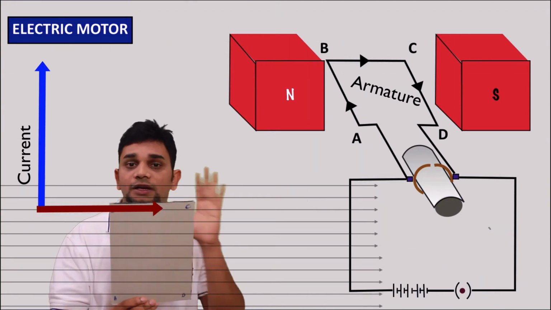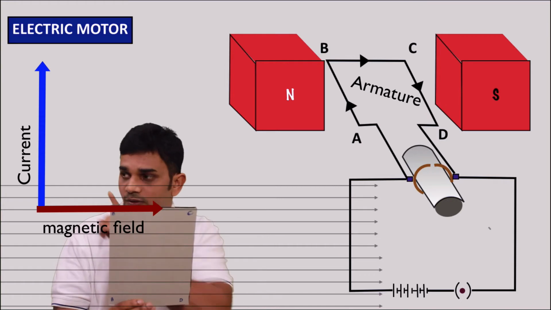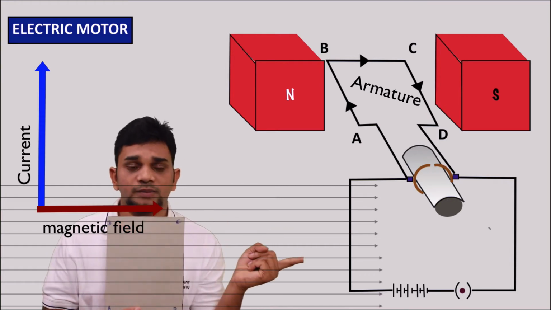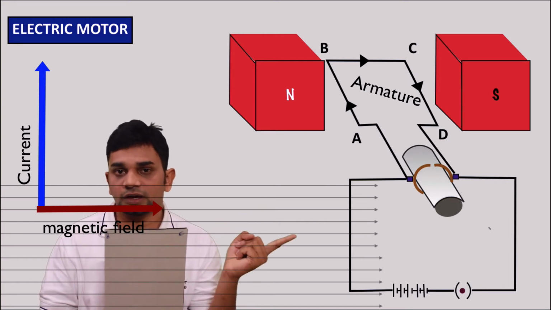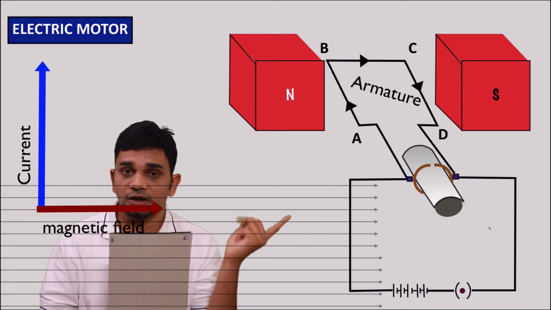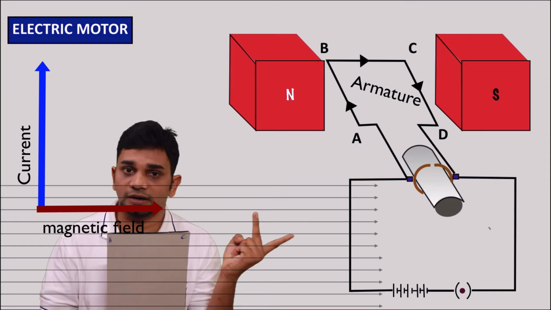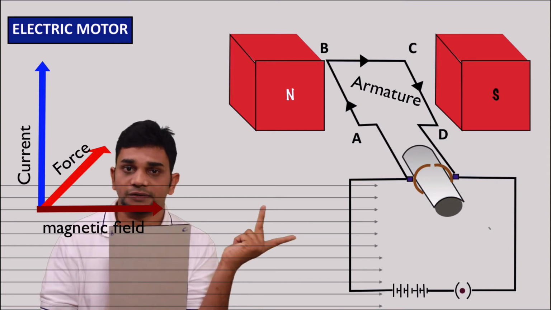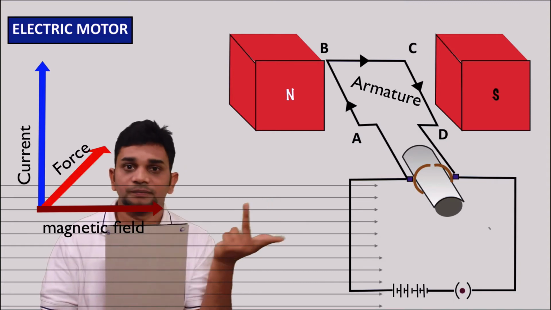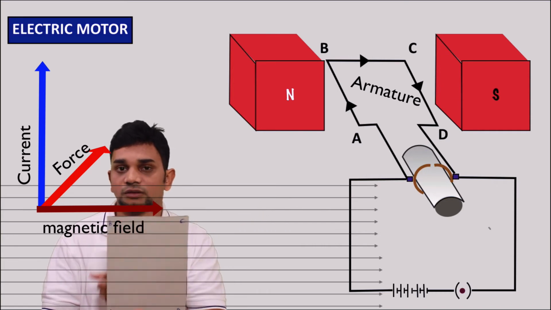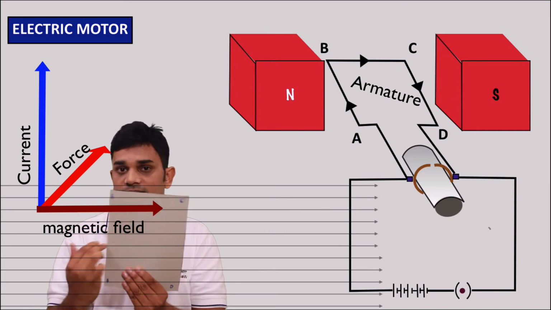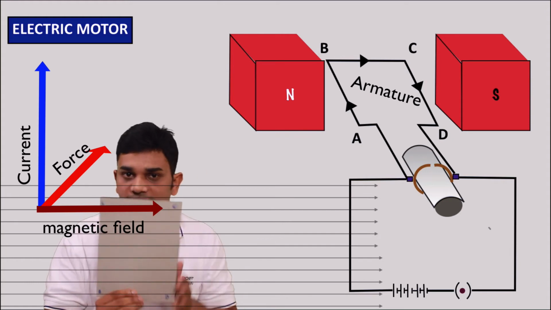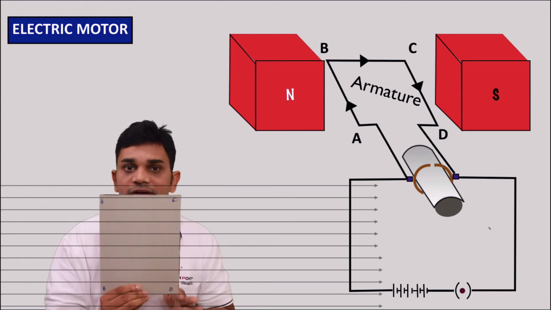Here you can see the magnetic field lines. North Pole to South Pole, it is the direction of magnetic field, and the direction of current is A to B. If forefinger is indicating the direction of magnetic field, middle finger is indicating the direction of current, then thumb will indicate the direction of force. So we can say that the force here is in this direction, it is towards me.